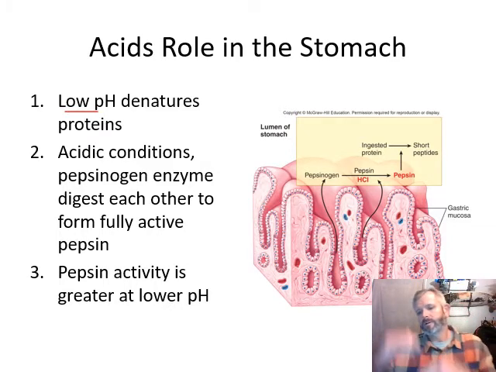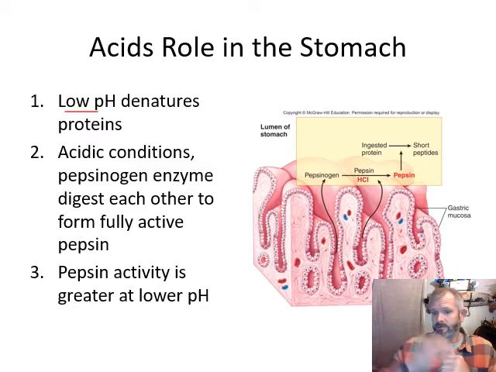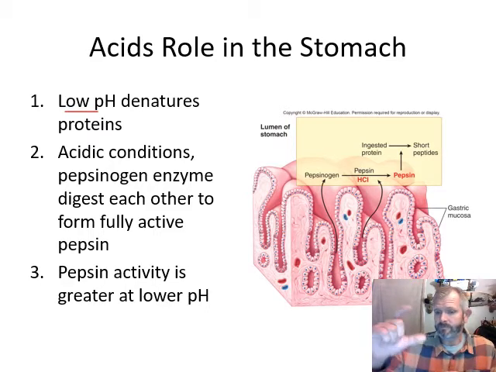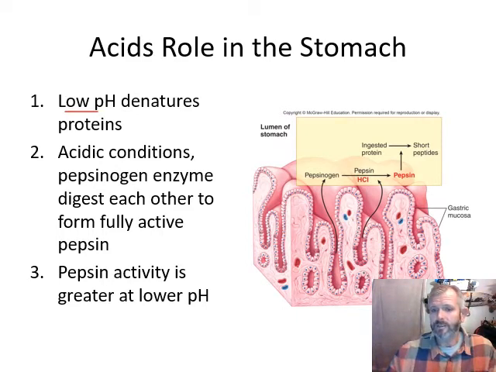If you remember our pepsin molecules, their activity is highest in low pH environments. Okay, whereas enzymes whose activity is good in neutral environments would not be active here. But pepsin is active in a low acidic or low pH environment, and therefore we'll get higher activity of pepsin in the stomach.